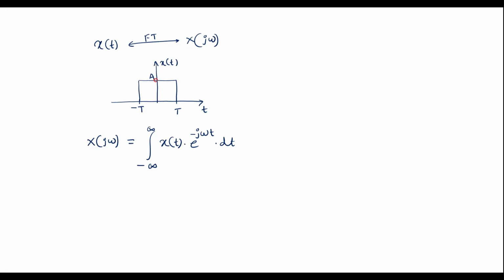So here we can say that x of t value is A, that is amplitude is A. So I can represent it as x of j omega is equal to, here x of t signal exists only between minus T to plus T. So it is minus T to plus T, x of t value is A, e power minus j omega t into dt.